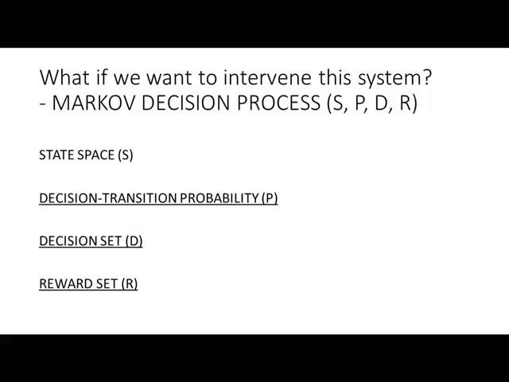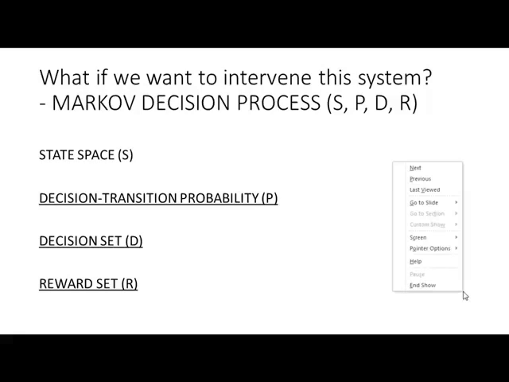The law that guides the movement between states. But here, we introduce decisions. So the decision transition probability P is a very important part of the Markov decision process. And we also have the decision set and the reward set. So again, the Markov decision process is defined by this quadruple here.